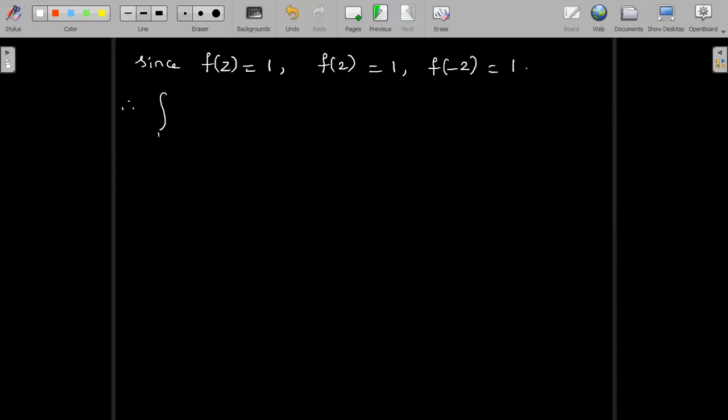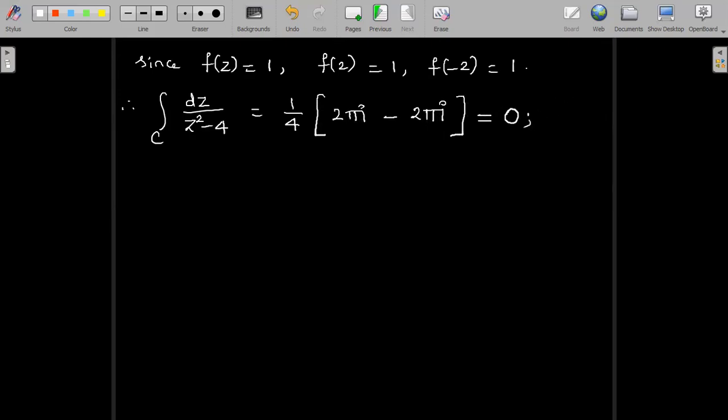So therefore, integral over C dz divided by z square minus 4 is equal to 1/4 of 2 pi i into 1 minus 2 pi i into 1. So 2 pi i minus 2 pi i cancel. So the integral value is equal to 0.